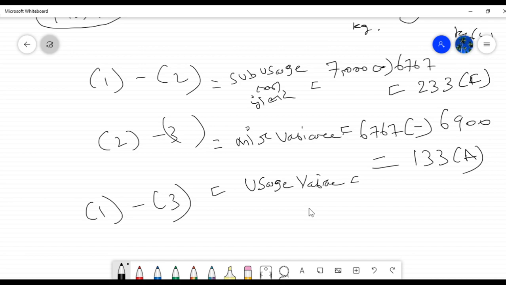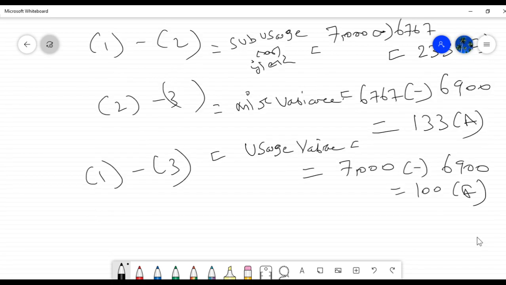What is 1? 7000. 1 minus 3, how much? 6900. That is 100 rupees favor. I consumed less raw material than my standard. That is why I am getting 100 rupees favor.